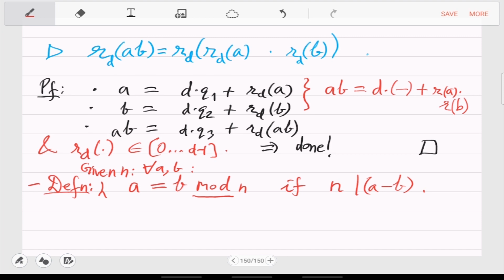Since I'm using equality, you have to show that it's an equivalence relation. Is it? Yeah, so that is what is needed for this thing to be well defined.